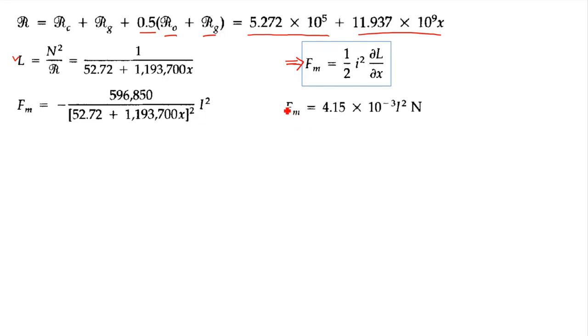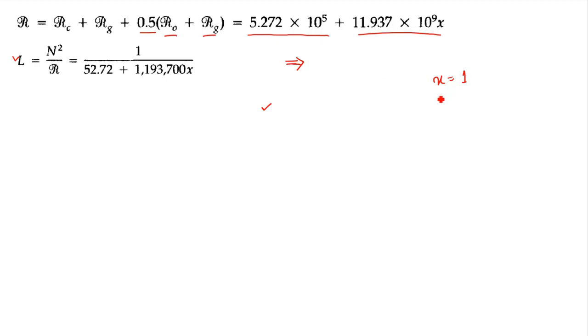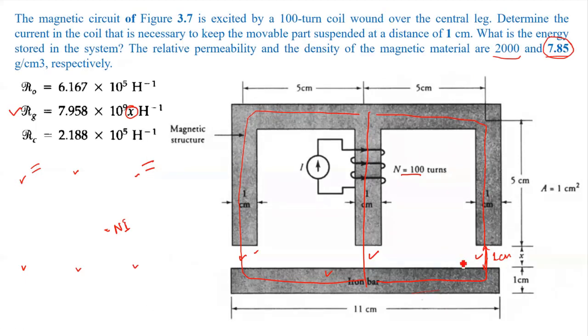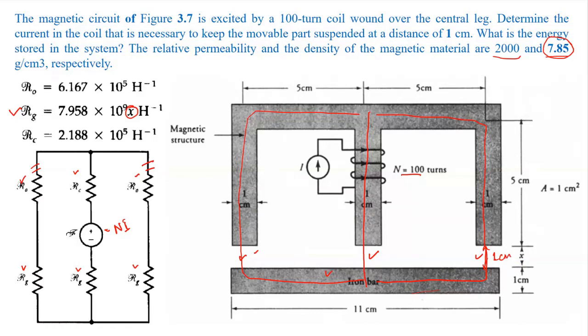So now your Fm will become, if I put x equal to 1 centimeter, because my air gap should be 1 centimeter. The question asks that this iron bar will remain suspended at 1 centimeter. That means your x will become 1 centimeter, right?